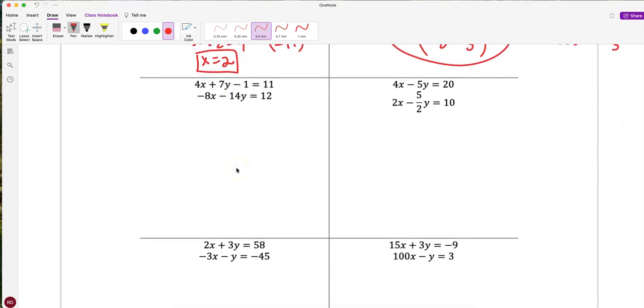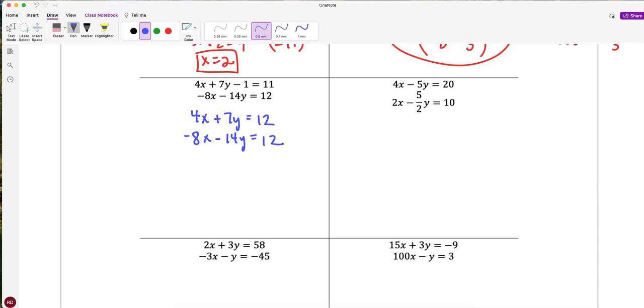Now there are some times where it's going to be inevitable that you have to multiply both sides or both equations by a variable. So in this one, let me write that first equation: 4x plus 7y equals 12. Second equation: minus 8x minus 14y equals 12.